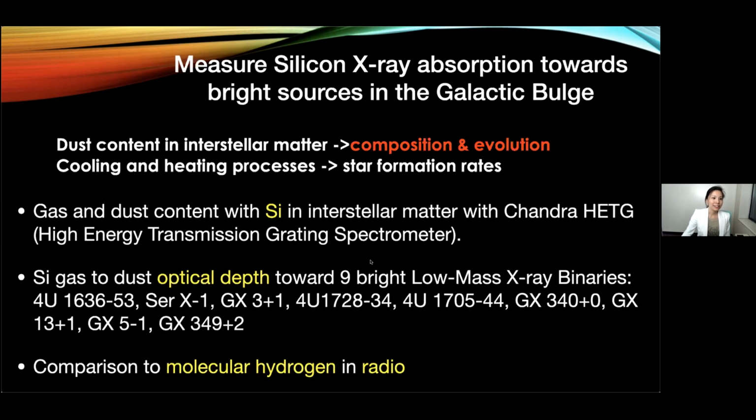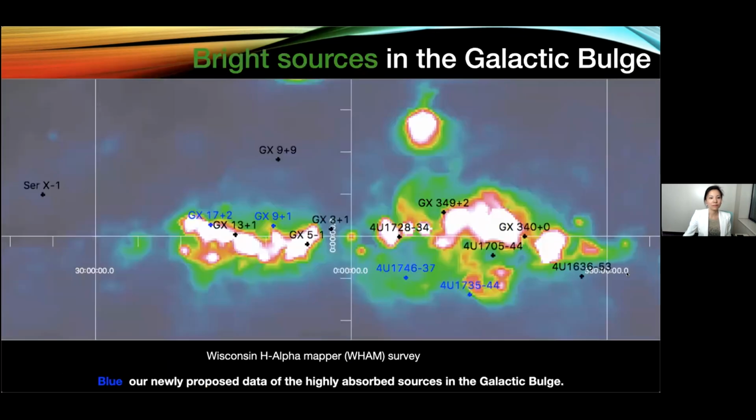The gas and dust content with silicon in the interstellar medium, measured with the Chandra high energy transmission grating spectrometer, can tell us a lot of information. So we measure the silicon gas to dust optical depths towards 9 bright low mass X-ray binaries, these bright sources, and later we compare them to the molecular hydrogen ratio.